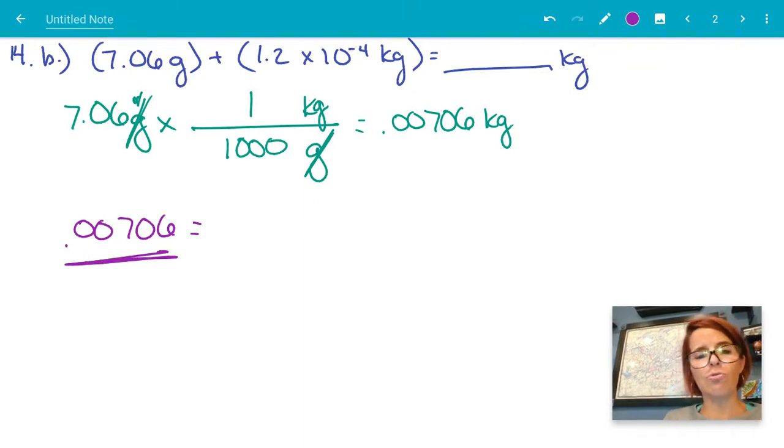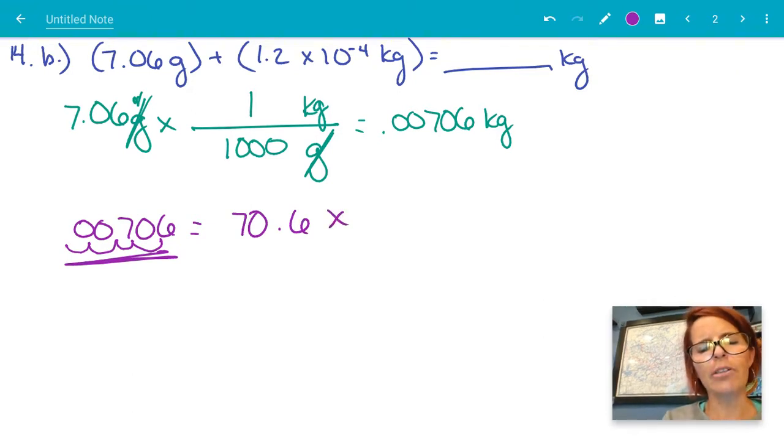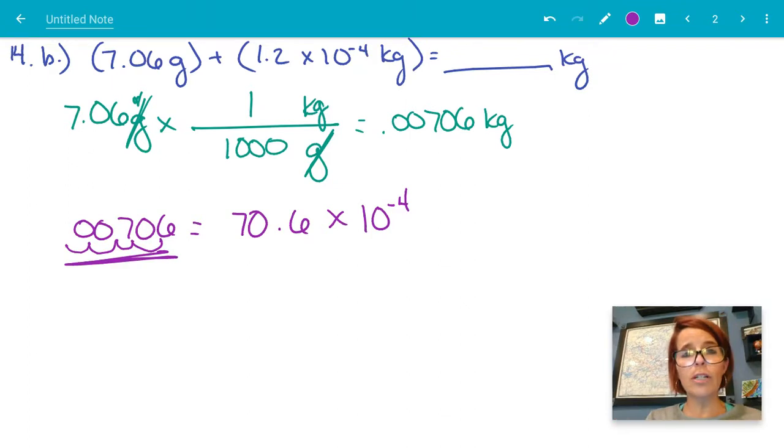If I scoot the decimal over by 4 spaces, 1, 2, 3, 4, and make it 70.6, and I multiply that times 10 to the negative 4, if you didn't know which way to make the decimal go, practice, try it, make it go the wrong direction and then multiply it out and see what happens and go, oh no, that was completely the wrong number.